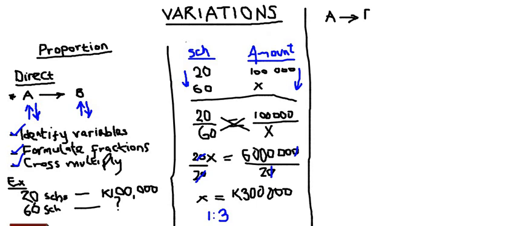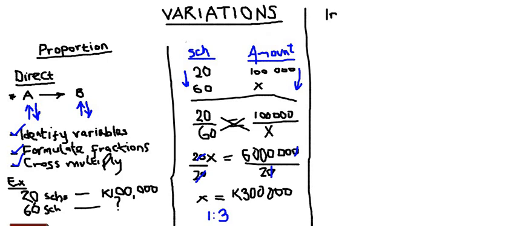Now in this case, for indirect proportion, what will happen is that when there is an increase in one variable, there will be a decrease in the other.